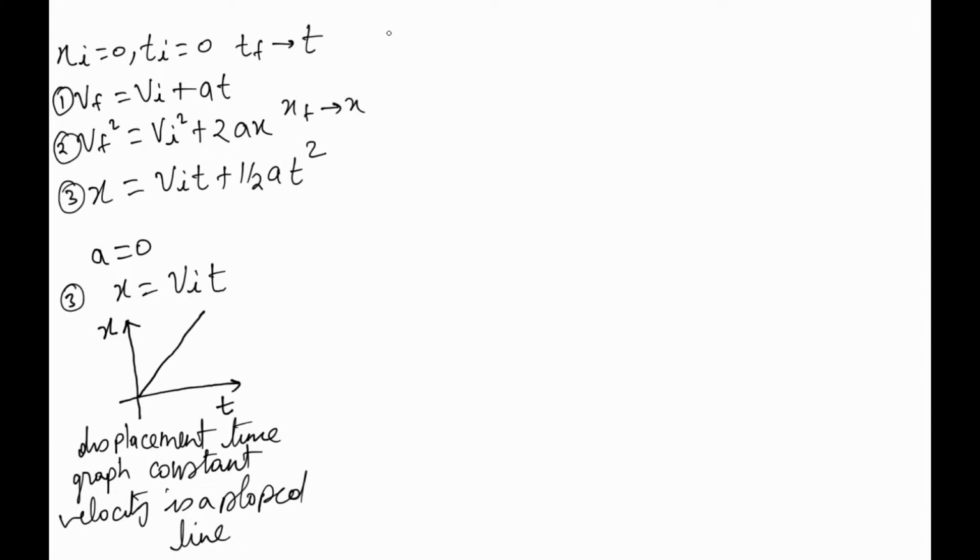Let's take one more example. If we still have a constant velocity, but instead of a displacement time graph, let's say we have a velocity time graph. Now how would you draw constant velocity on this graph?